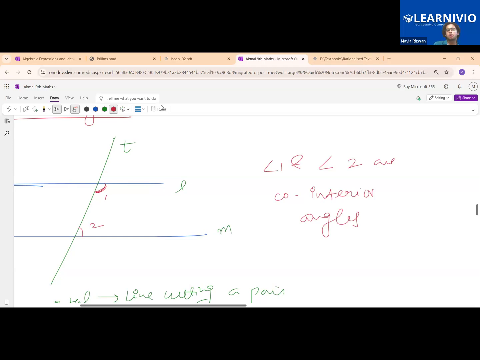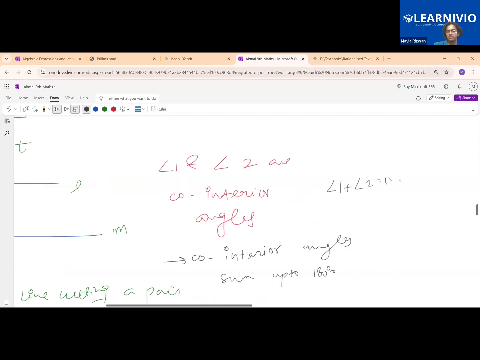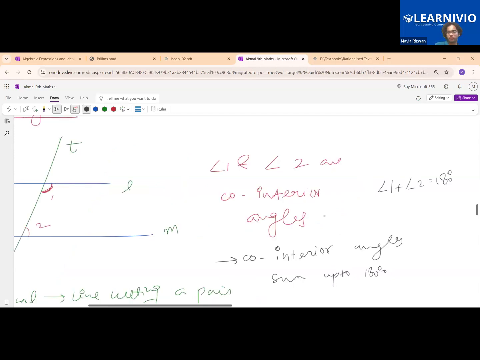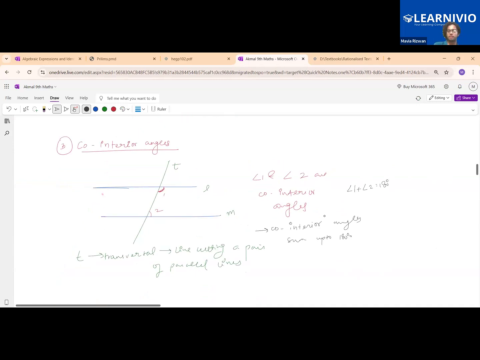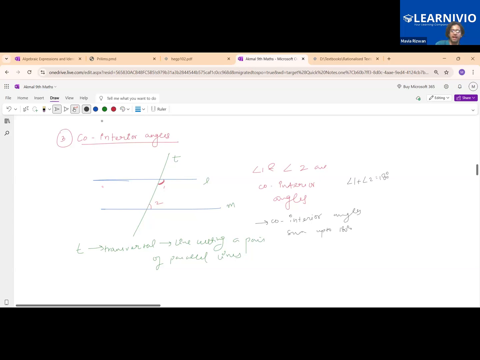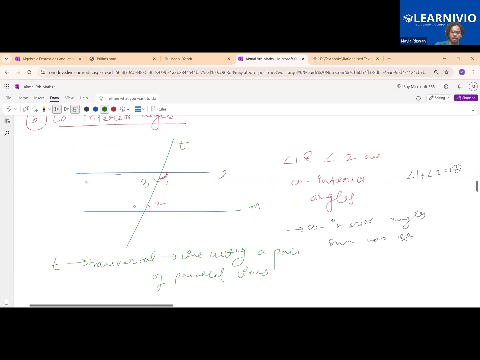Okay, now co-interior angles sum up to 180 degrees. Co-interior angles sum up to 180 degrees means angle 1 plus angle 2 is going to be equal to 180 degrees. Is this clear, Akmal? Now angle 3 I'll take here, angle 4 I'll take here.